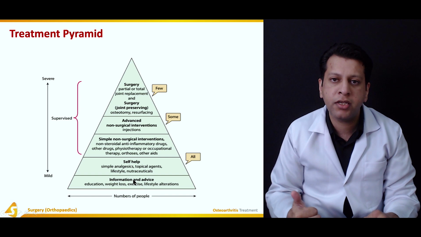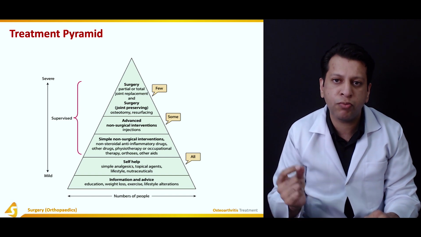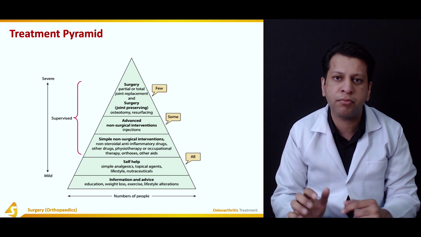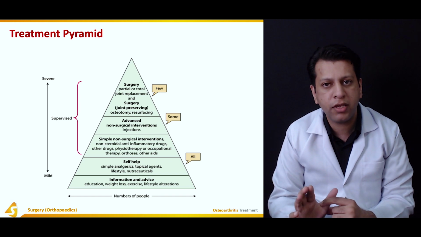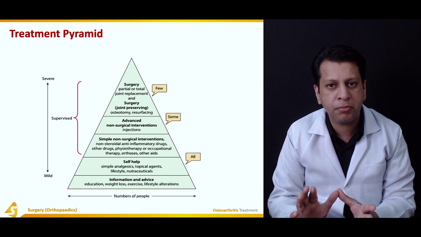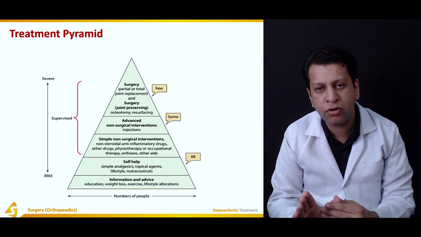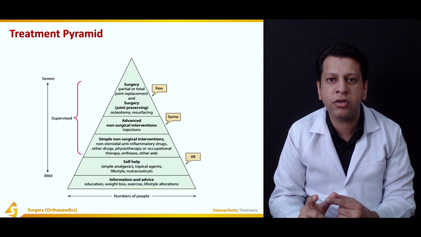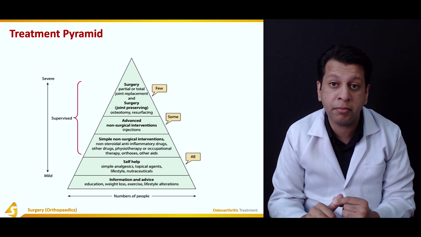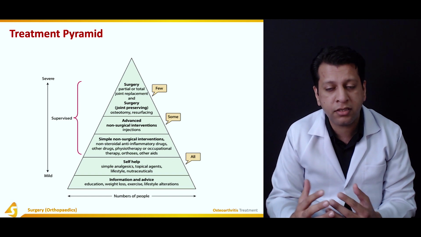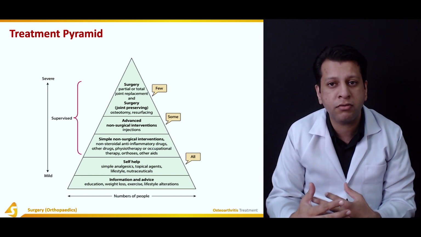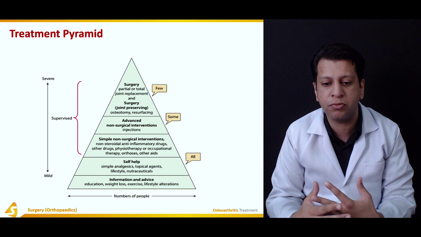For example, if somebody has osteoarthritis of the thumb due to manual work with a pincer grip, we can ask the patient not to repeat that kind of movement, and there has to be some degree of occupational modification as well.